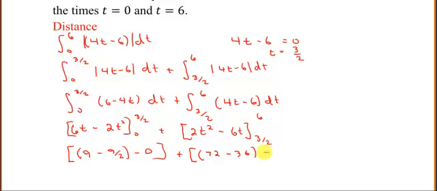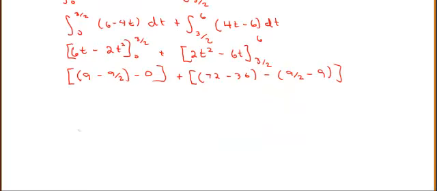Minus, when I evaluate this at 3 halves, I'll have 9 fourths times 2 is 9 halves, minus 9, since 6 times 3 halves is 9. So this is 9 halves minus 9, which is negative 9 halves, minus 0. Plus, in here I'll have 72 minus 36 is 36.